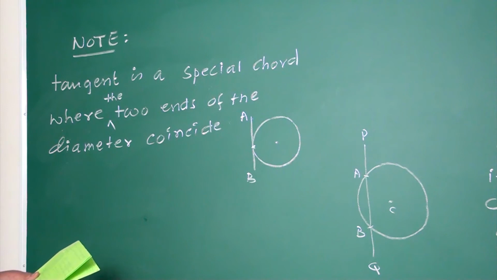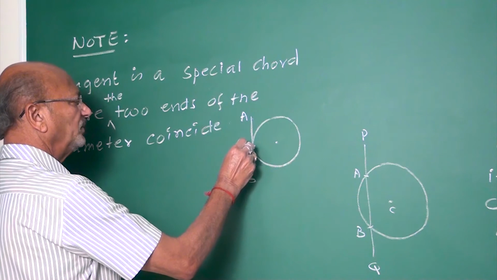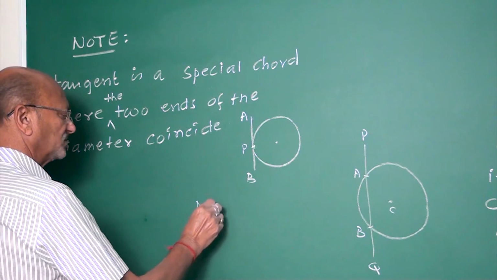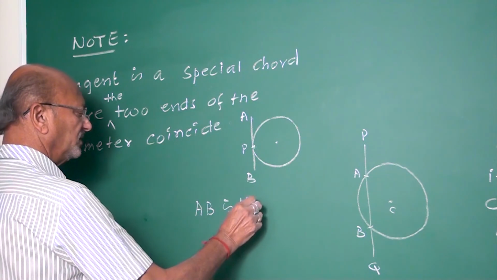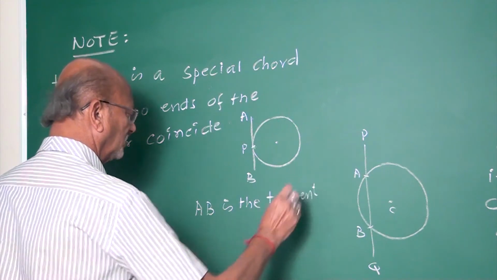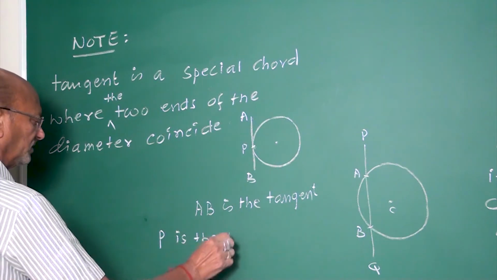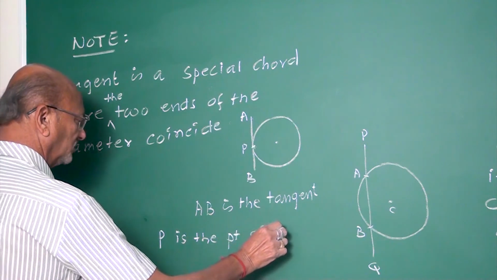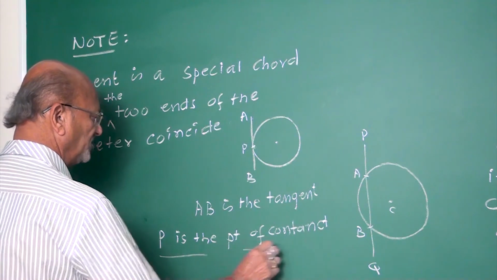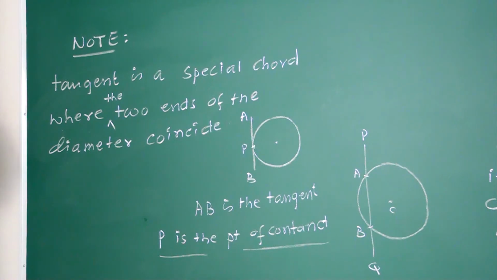Yes, my friends. From this, what is clear? AB is the tangent and P is the point of contact. Tangent means it must have a point of contact, that too at only one point.